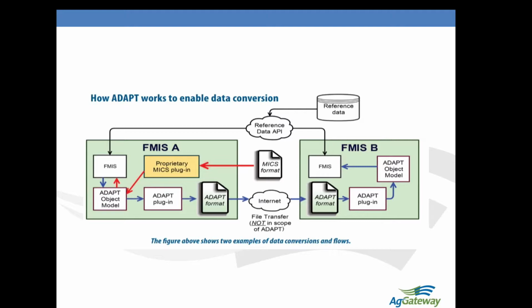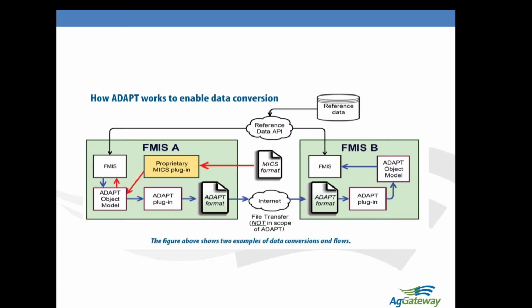This is one that you may have seen before, but it's just an example of two FMISs that are trying to communicate to each other about a proprietary data format, or perhaps it's ISOXML data.